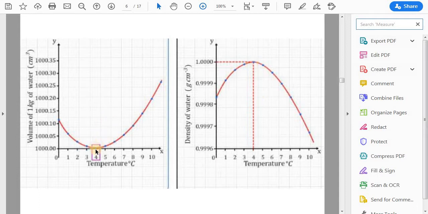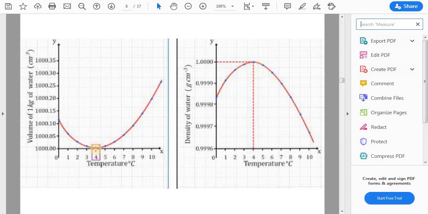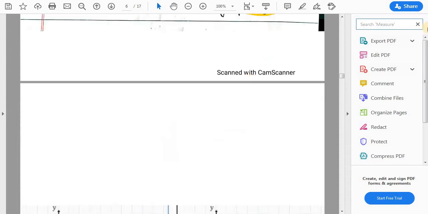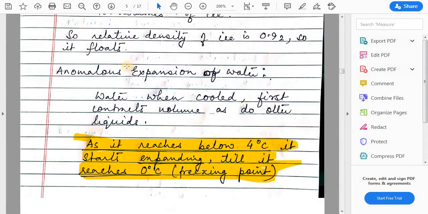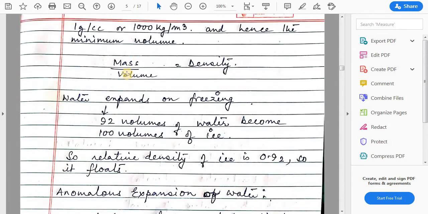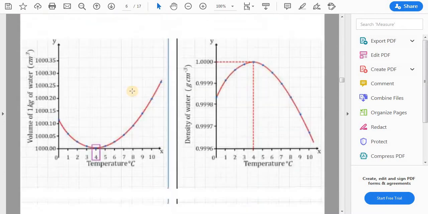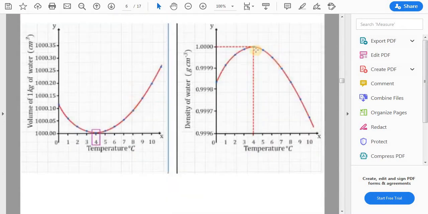If you see, you will be finding that volume is less, density is more. Again see the relation. Mass per unit volume is density. So at 4 degrees Celsius, you are having the minimum volume and maximum density.